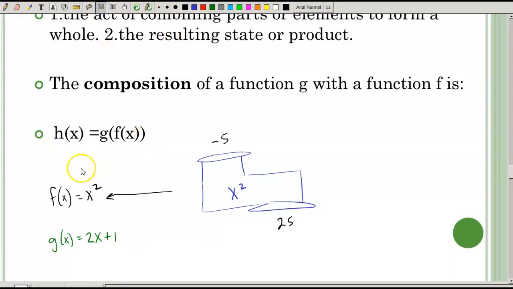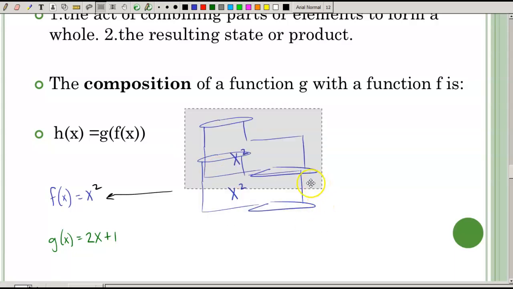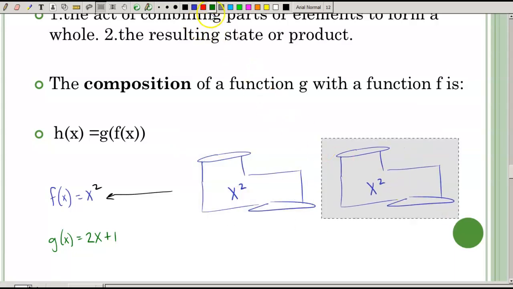So I have one function that squares it, and let's put another function over here in green that is 2x plus 1. It takes in the input, whatever number that is, doubles it, and then I add 1 to it.